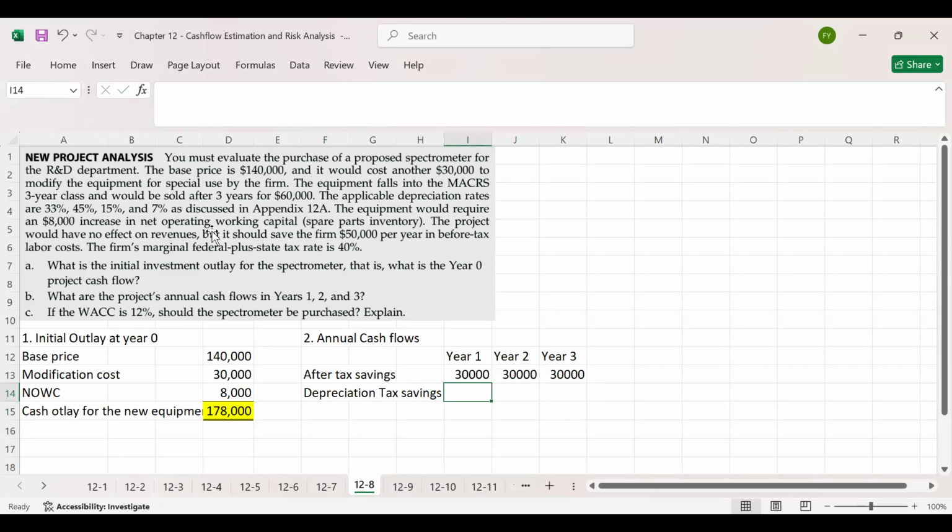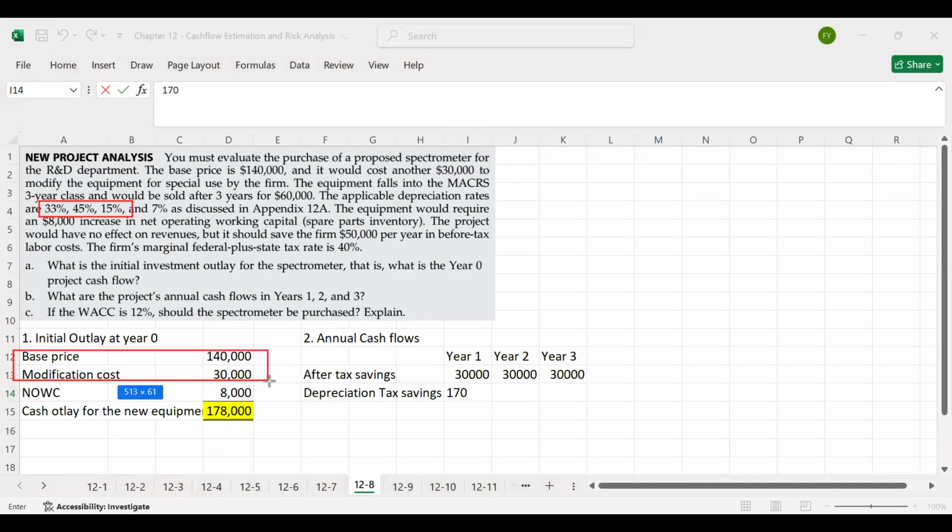Here we are using MACRS depreciation. So we use these rates to calculate depreciation. In year 1, the cost of the asset is a total of 170,000. Here you can see the base price and the modification cost. These two are part of the cost of the asset, which is $170,000.